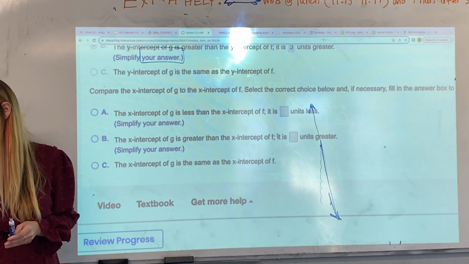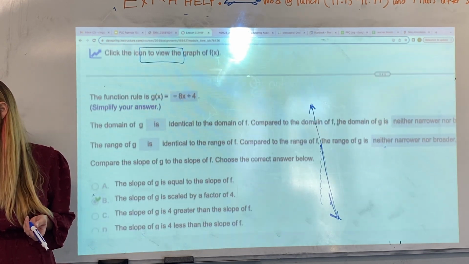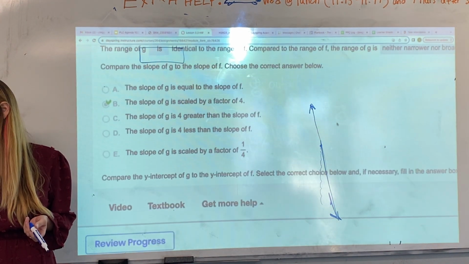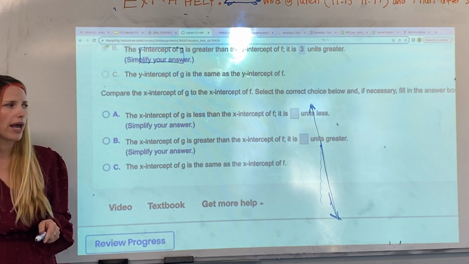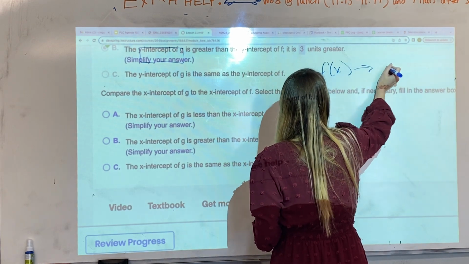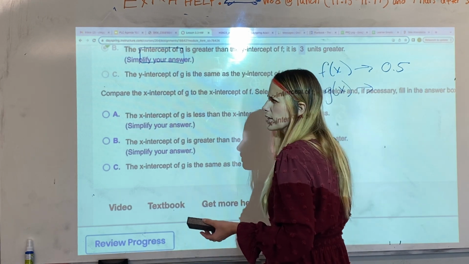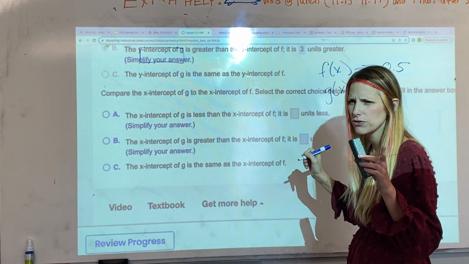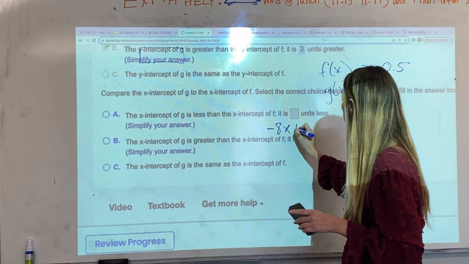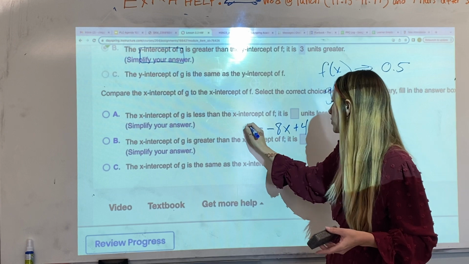Compare the x-intercept of g to the x-intercept of f. The x-intercept of f of x is 0.5, right? Yeah. Now we need the x-intercept of g of x, which is negative 8x plus 4, right? Yeah. So we set our function of x, our output or our y, equal to 0.